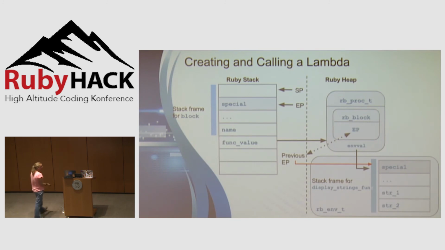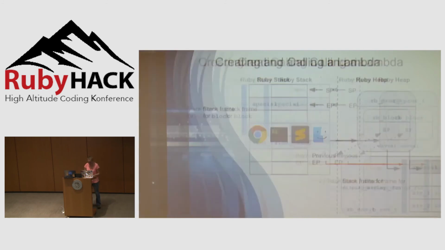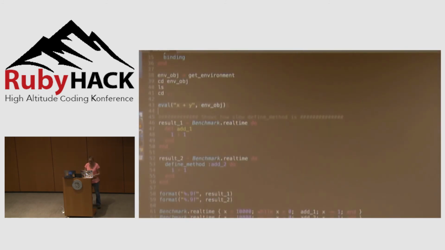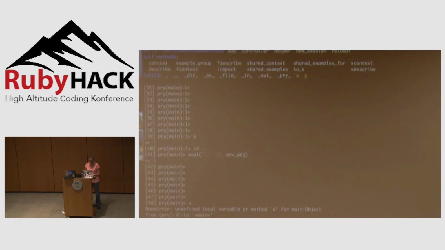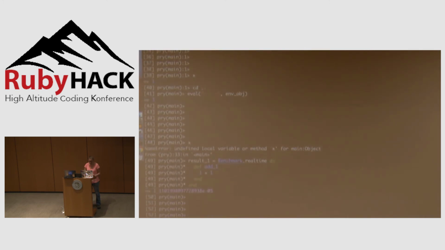Again, you may ask, how slow exactly is the define_method? Well, we can do some more benchmarking. I'm going to define two methods. The first one, using the def keyword, and I'm going to benchmark how long it actually takes to create that method, and hope it works.